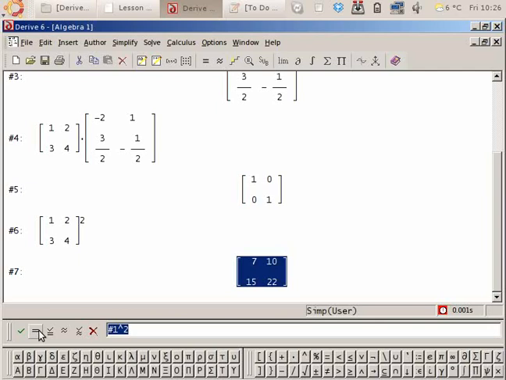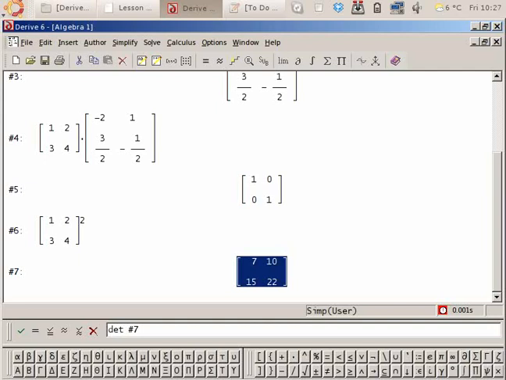If you want Derive to calculate it, what you do is you type in DET, determinant. So DET for determinant. No, I'd like to, but it's not important. It shouldn't affect the answer. So DET line 7.